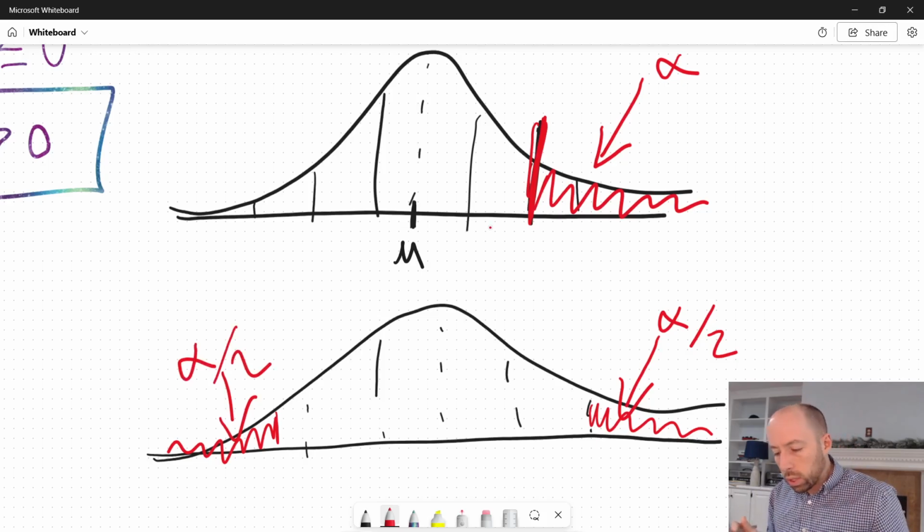If you're wondering, wait, what is the difference between these pictures? The shaded in region is supposed to add up to the probability of accidentally rejecting the null hypothesis and being wrong, which you want to control for. Depending on whether this is a one-sided or two-sided hypothesis test, you'll put all of that on one side in the one-sided case, or you'll split it up so it's on the right and the left in the two-sided case.